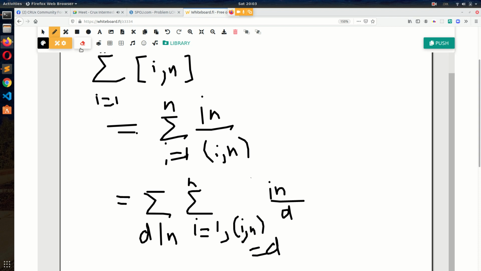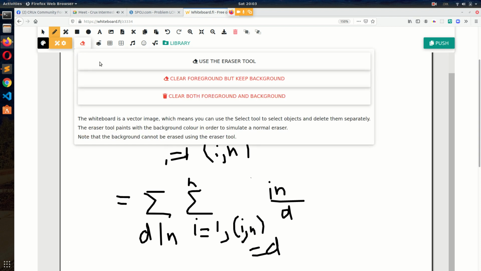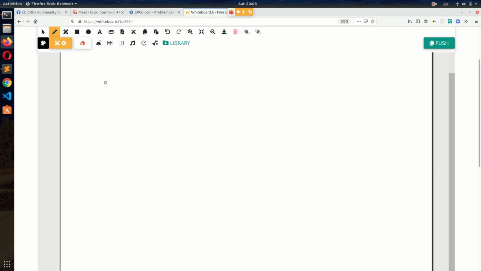Okay, so now the remaining value we get, the GCD of that value with n by d would always be equal to 1.